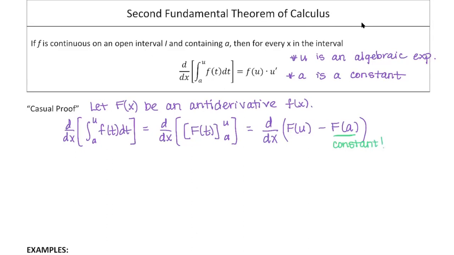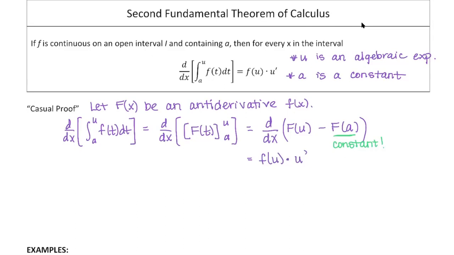So if we take the derivative of capital F of u, since capital F is an antiderivative of little f, then that means that the derivative of capital F is going to be little f. Okay, so when we take the derivative of capital F of u, that is going to be f of u, but because of the chain rule, we have to multiply this times u prime.